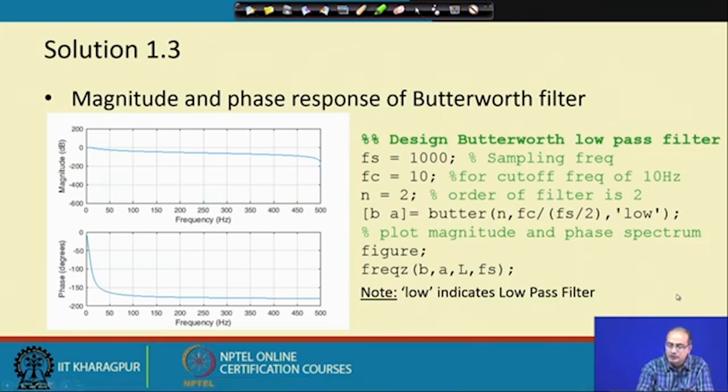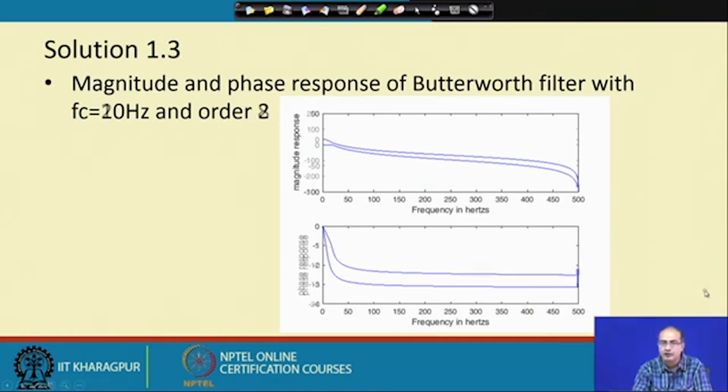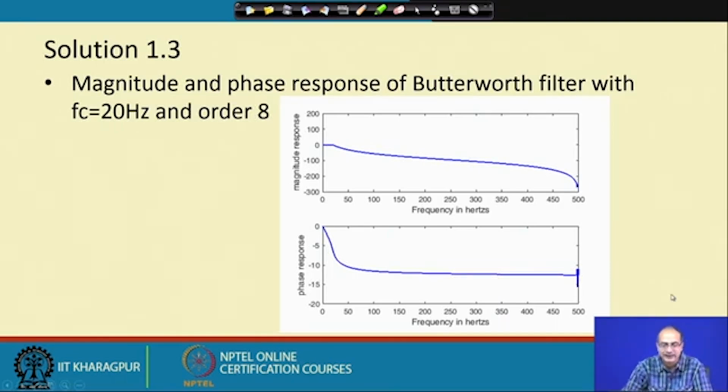Next, we look at it more clearly in a bigger way, the magnitude and the phase plot, and then we change the cutoff frequency and the order, and go for the second case where the model order is 8 and the cutoff frequency is also increased.